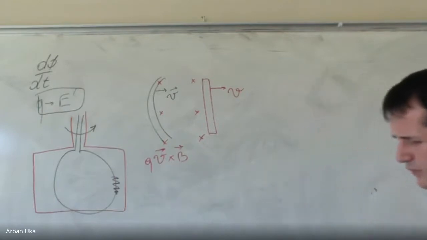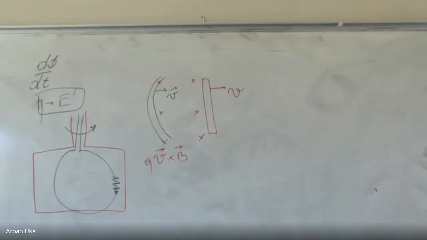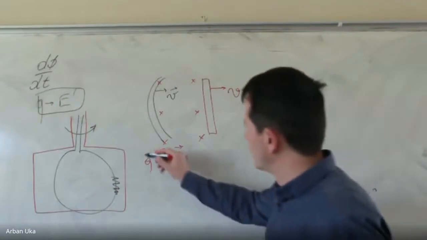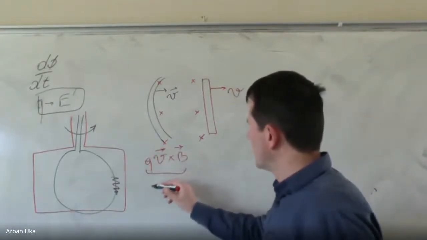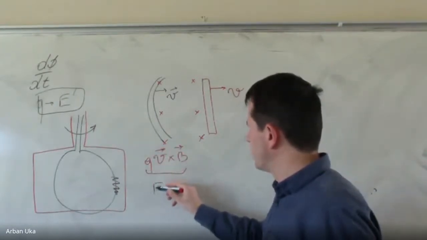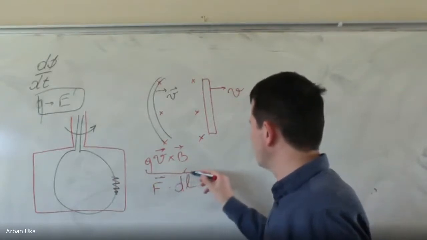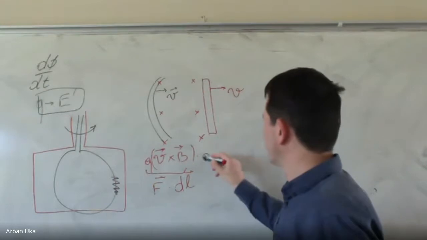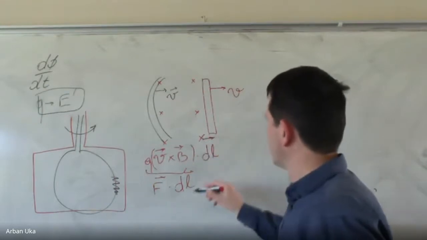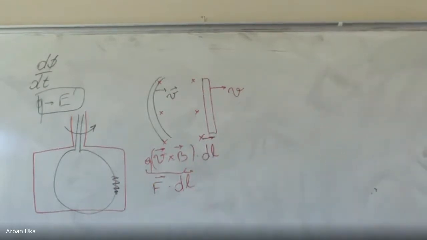So if this is the force, then the electromotive force, it will be U, so this is the force, and then we know that the work done is force times dl. So this is how the work done on the charges will configure.